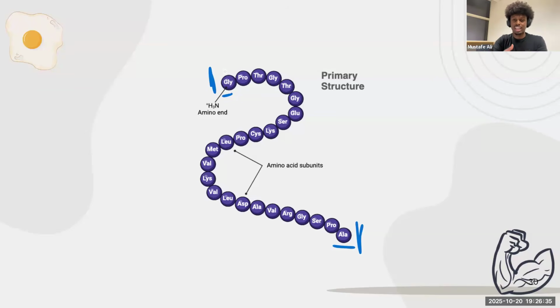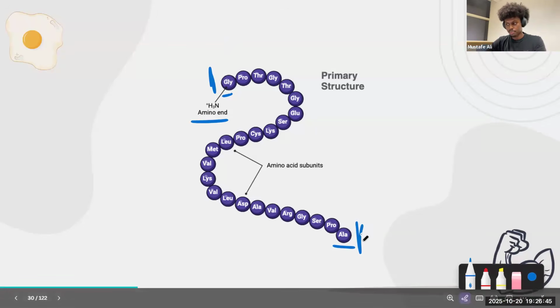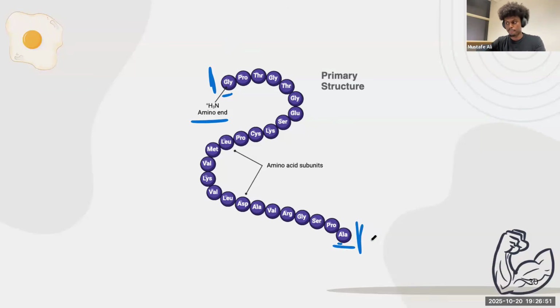It's going to be free and lonely. And this will act as the amine end of this amino acid chain, of this polypeptide. Whilst on this side, this amino acid will have a carboxyl group that is just left and free, and he's really lonely. And this will serve as the carboxyl end of this polypeptide.